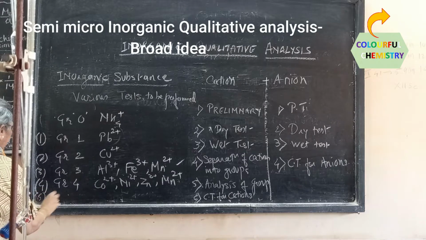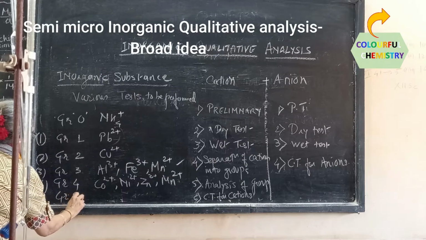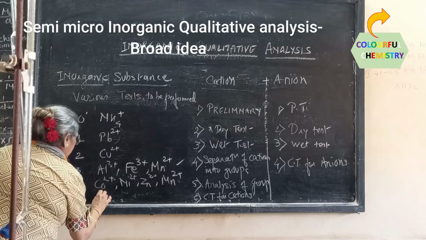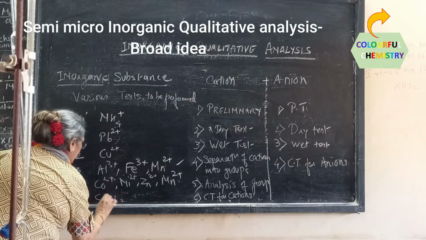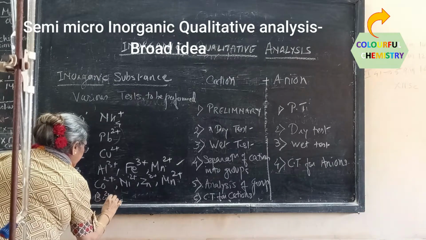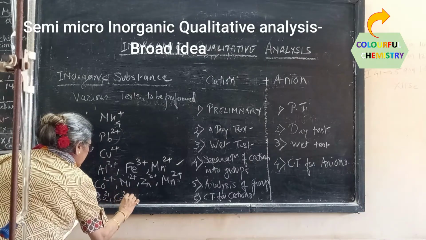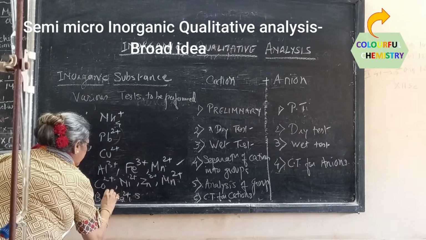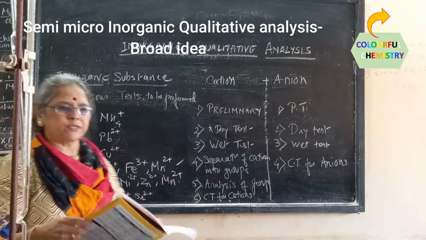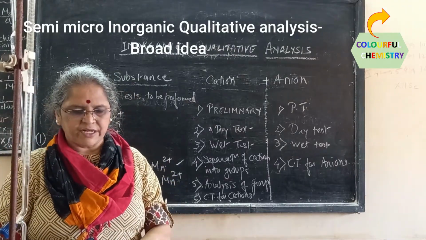Step number 5 is for identifying group 5 cations. Group 5 cations are barium bivalent ion, calcium bivalent ion and strontium bivalent ion. We are going to identify these in this group.